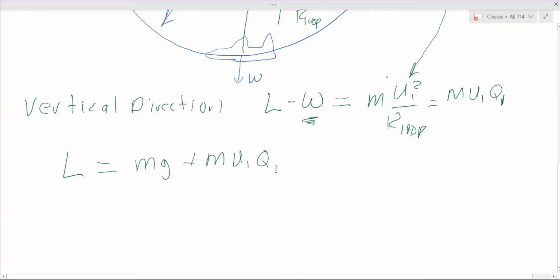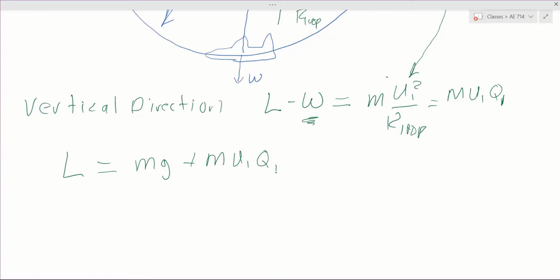And if we look at our equation, oh, I forgot to divide through by q bar S up here. Help me remember to point this out. We need a q bar S because we divided through the lift equation by that.